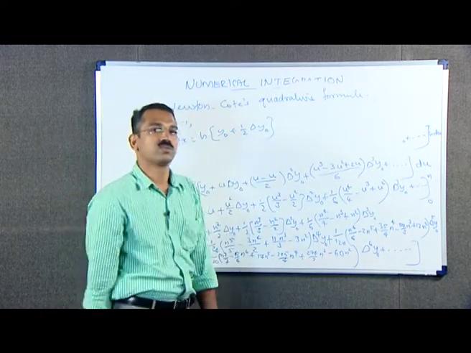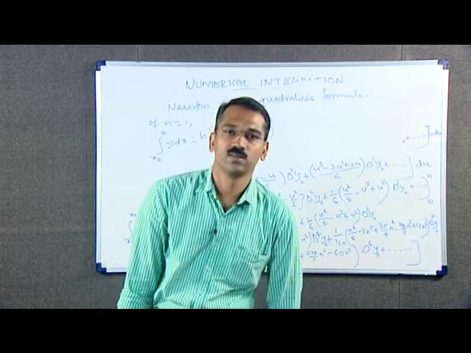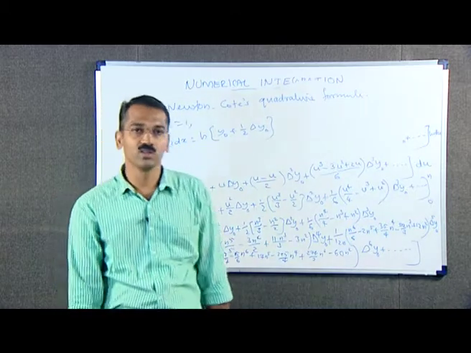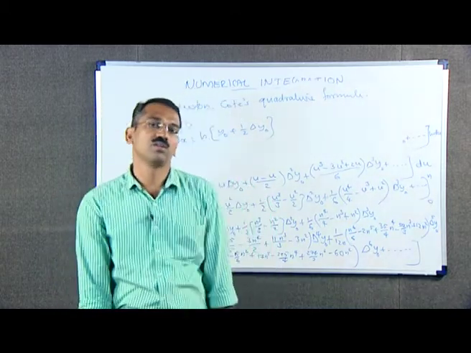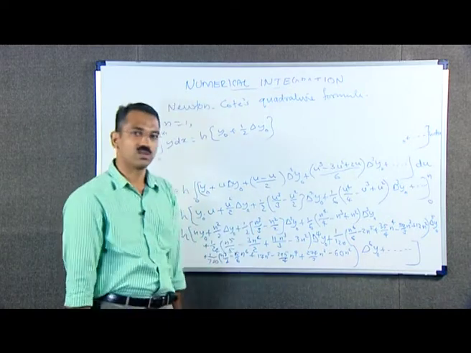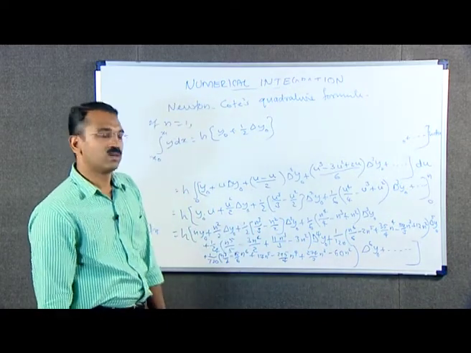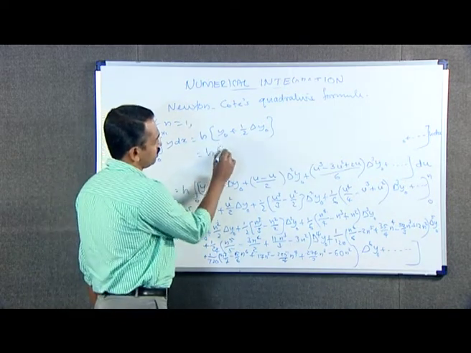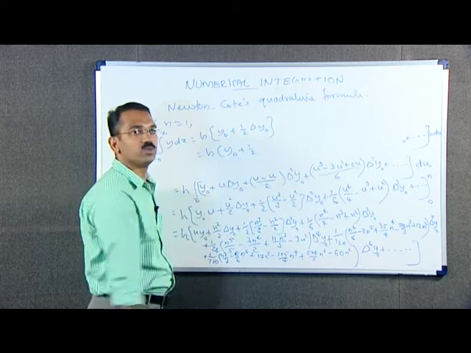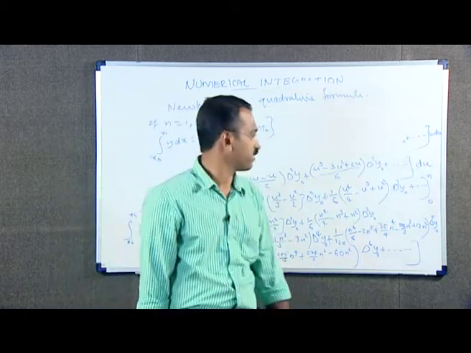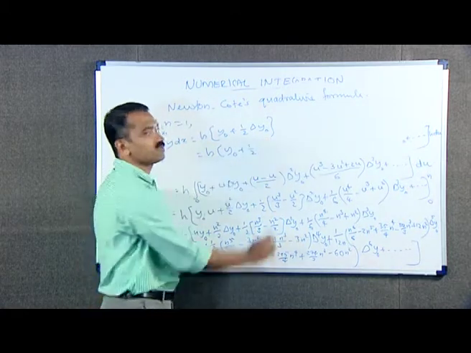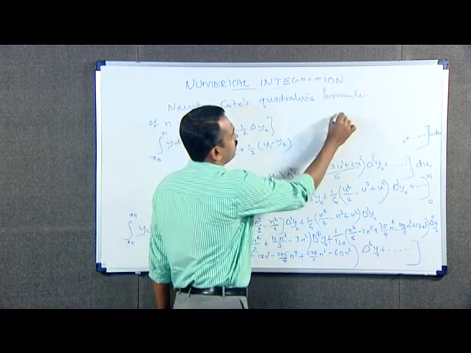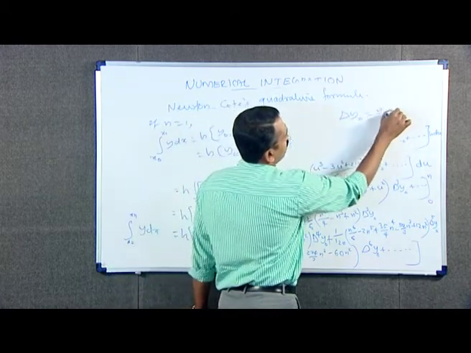All the other terms do not exist, because if we are given only two paired values, all the higher order differences are 0. Δy0 is the first forward difference, that is y1 minus y0.